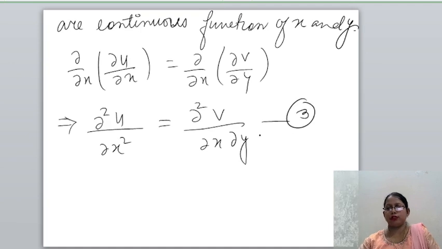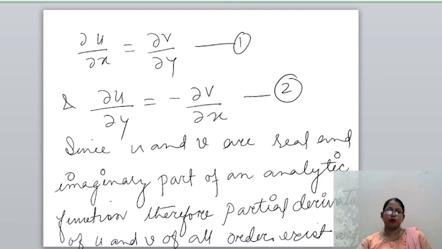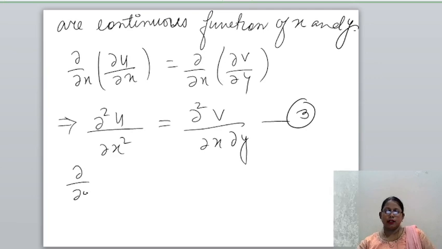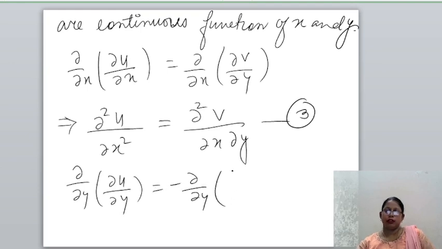Put this as equation 3. Again differentiating 2 with respect to y, we will get del 2u del y2 on the left, and here minus del 2v del y del x. So del y of del u del y equals minus del y of del v del x.